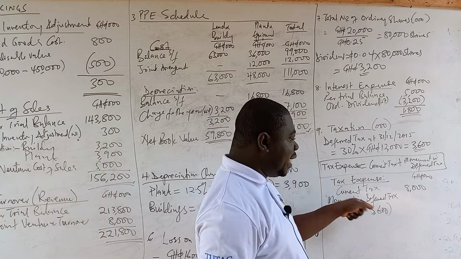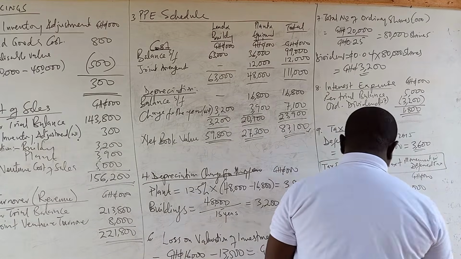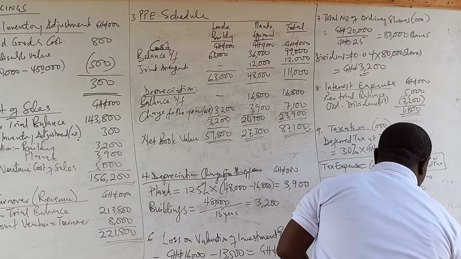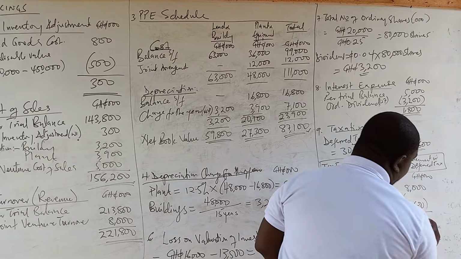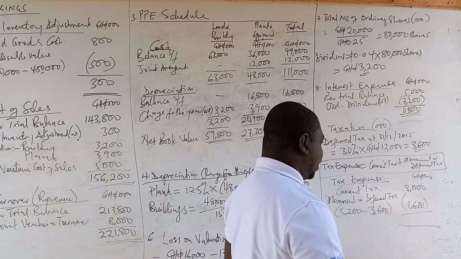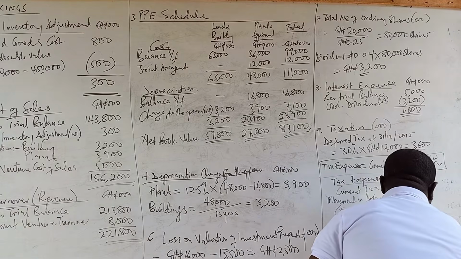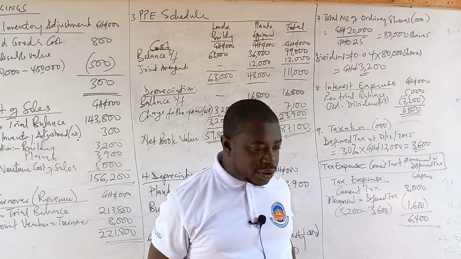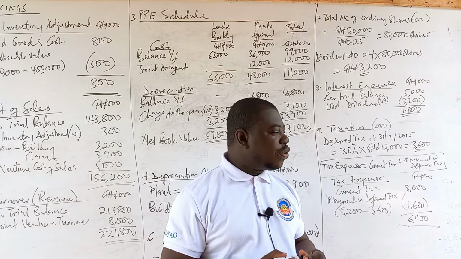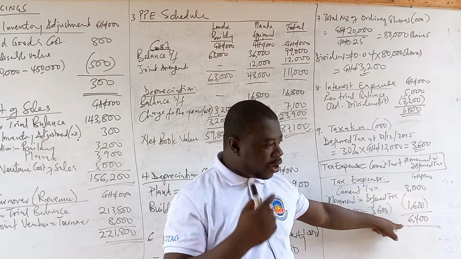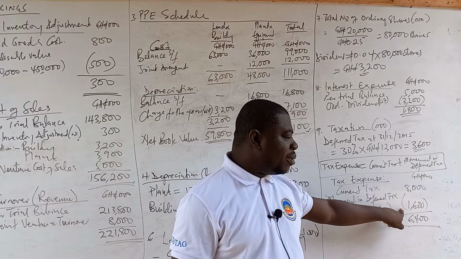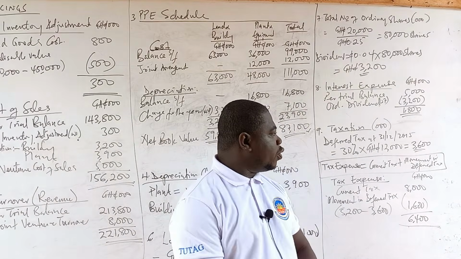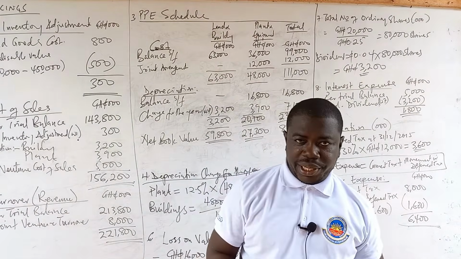And because it is a decrease, it will be negative. So the difference is 1,600. So when we subtract 1,600 from 8,000, we have 6,400. So ladies and gentlemen, when we are preparing our statement of profit or loss, the tax expense we are going to recognize will be 6,400, which is your current tax plus the movement in deferred tax. So this is how to go about these workings.